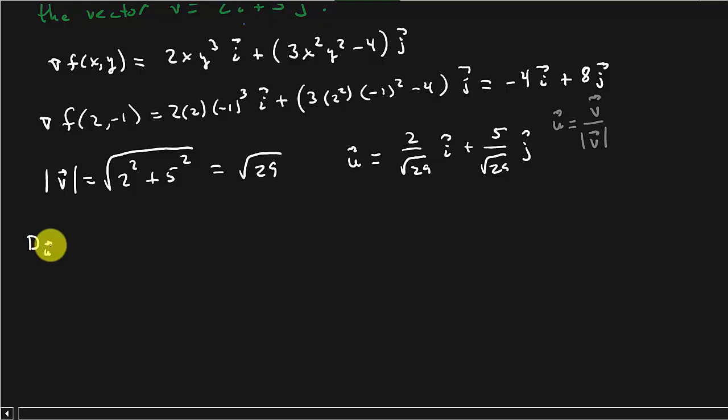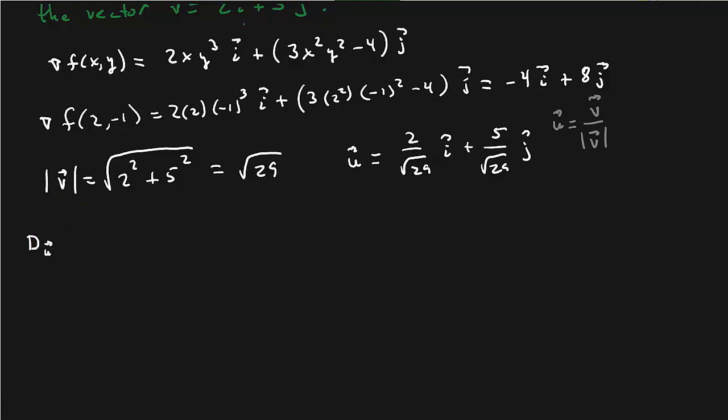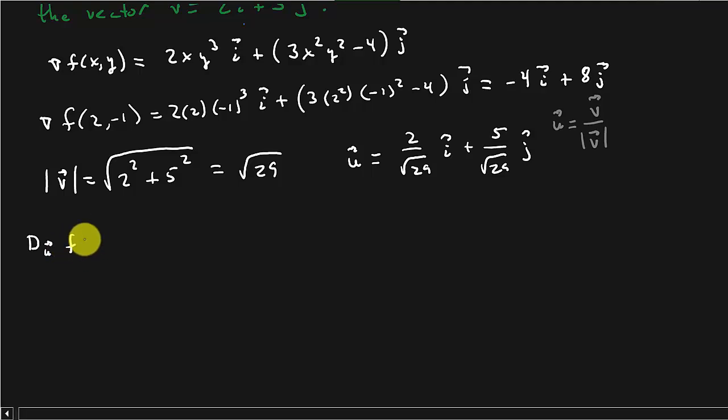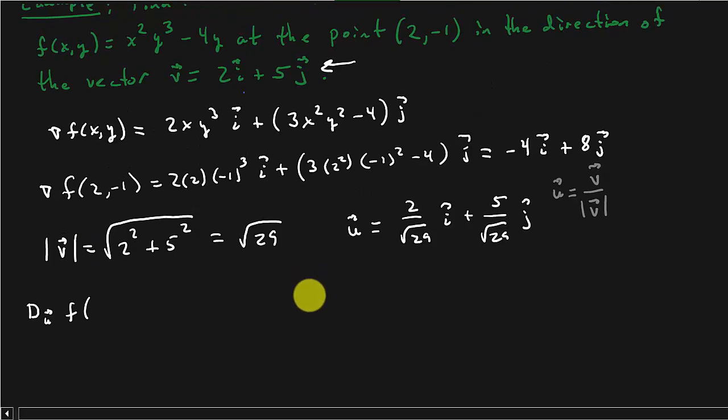All right, so now I can find my directional derivative. D_u f of (2, -1) is equal to what? The gradient of f at (2, -1) dot u.